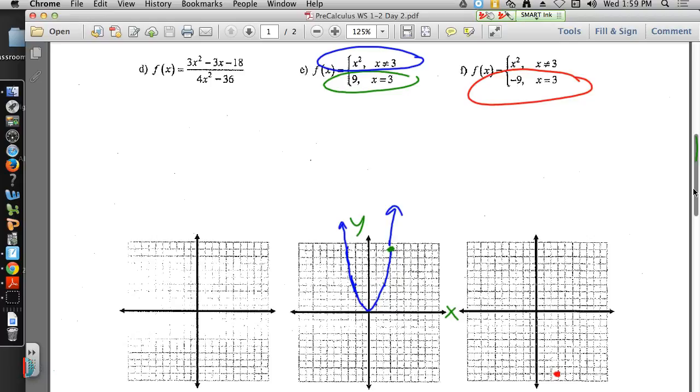So down here. And that means that's going to leave us a hole in our graph, because our normal graph for that parabola, let's see if I can get these in the right spots, would go through 3, 9.